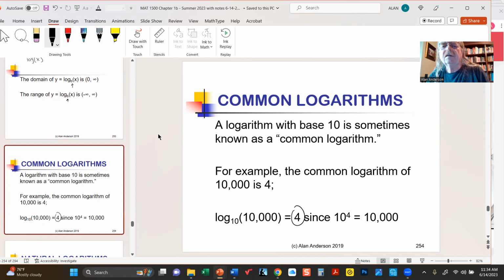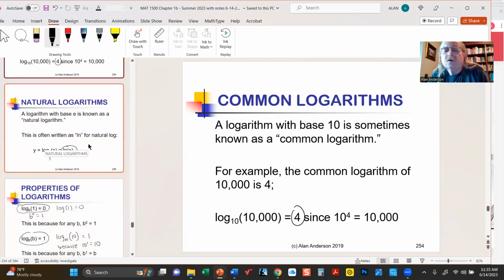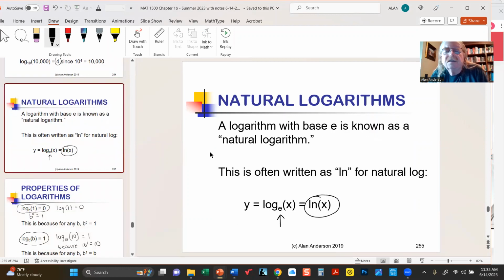Now, we've already seen that the log to base 10 is known as a common log or common logarithm. And so we've seen a few examples. Let's look at another one here. Log base 10 of 10,000 is 4 because 10 to the 4th is 10,000. And of course, natural logs, as we've already discussed, have a base of e. Now, I don't know who chose the name natural, but it's an appropriate name.